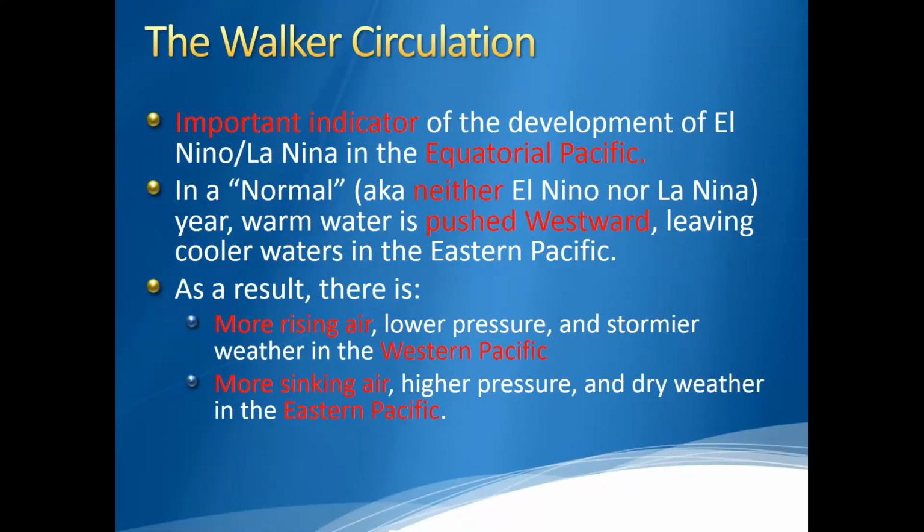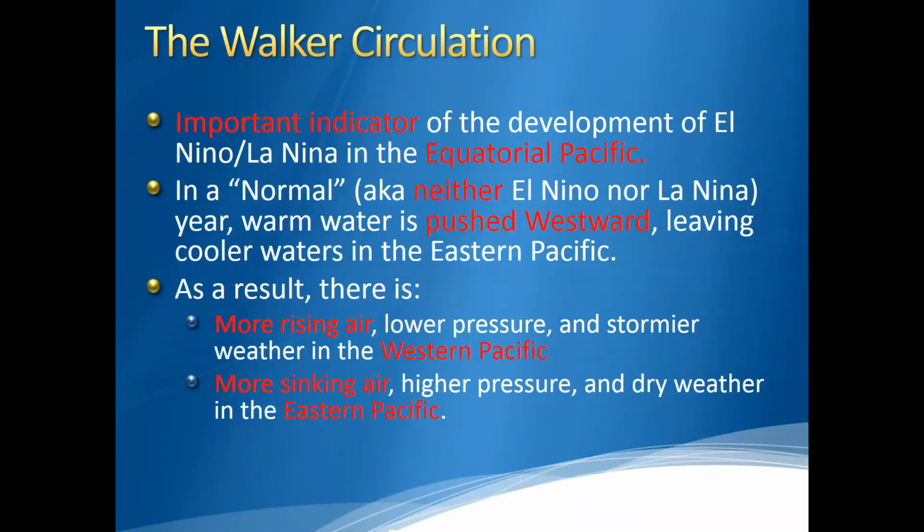But near the equator, there's another major circulation that has really important implications on our weather. It's called the Walker circulation. And as meteorologists, we use this Walker circulation to indicate the presence of El Nino and La Nina.